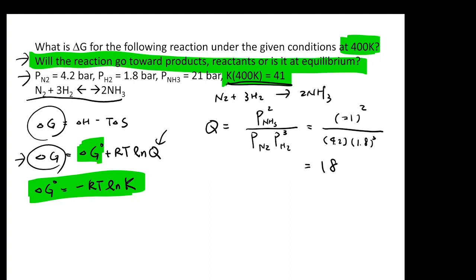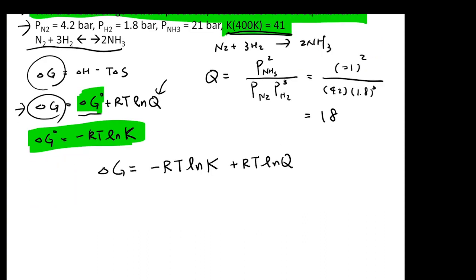So now you know that delta G equals delta G naught, which is negative RT natural log K, plus RT natural log Q. Your R is 8.314, temperature is 400 K, natural log of your K is 41, plus 8.314 times 400 times natural log Q. Q is 18.